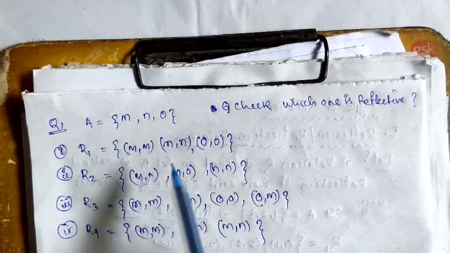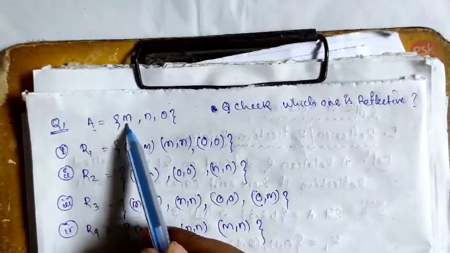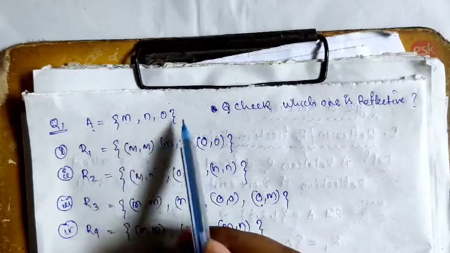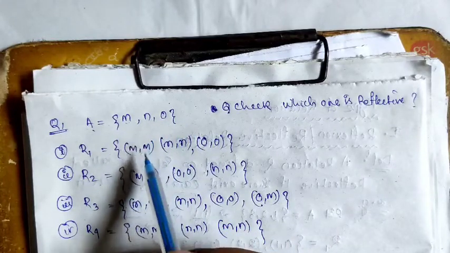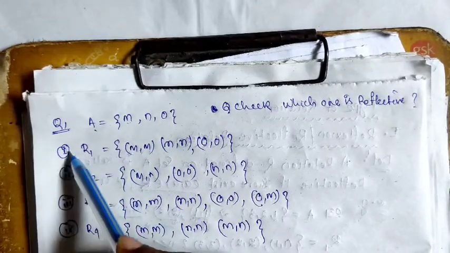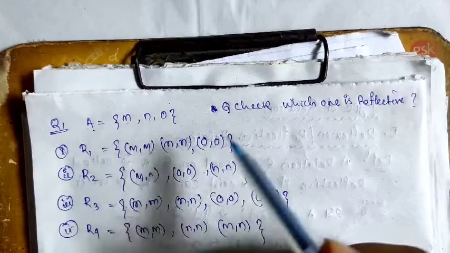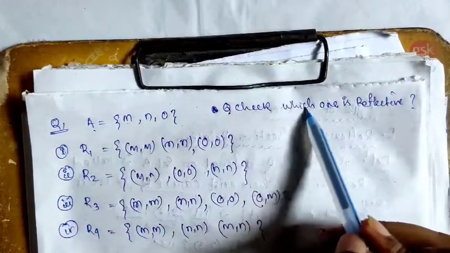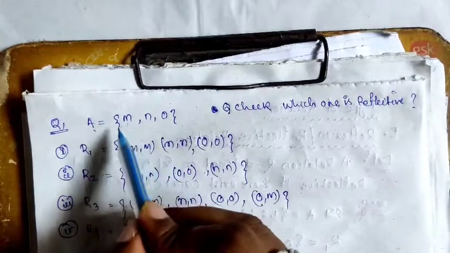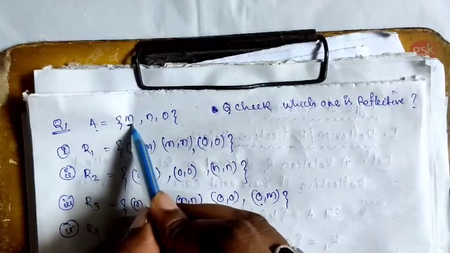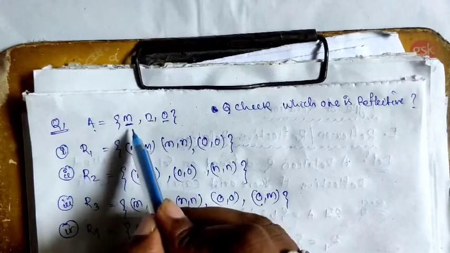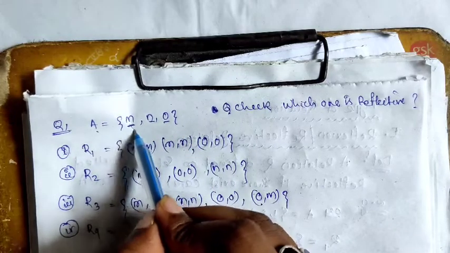In this question, a set A has elements M, N and O, 3 elements, and 4 options are given; we have to check which one is reflective. So in a reflective relation, each individual element must map with itself.